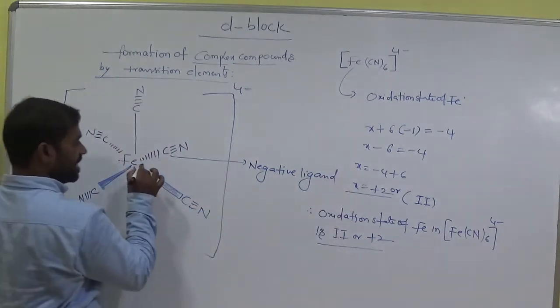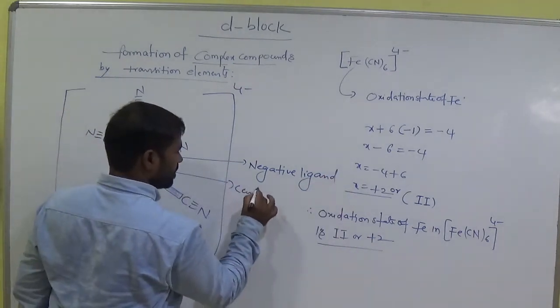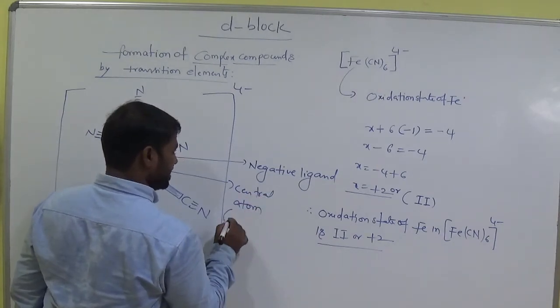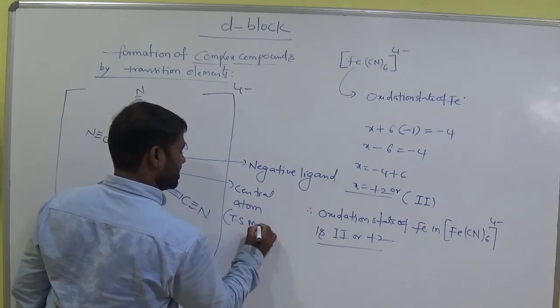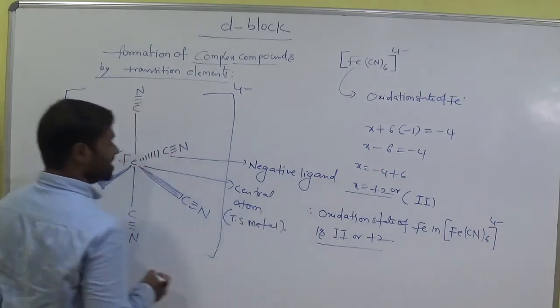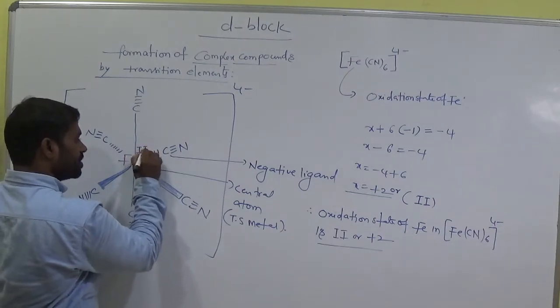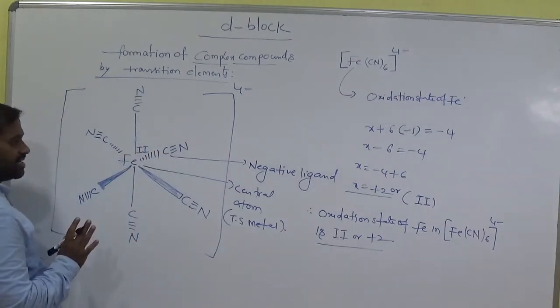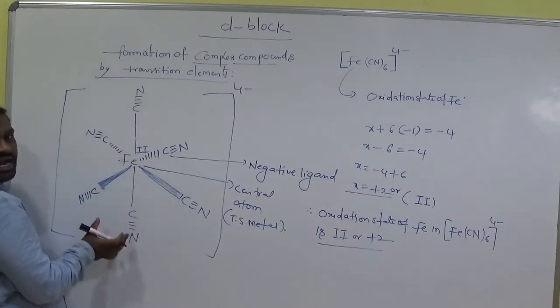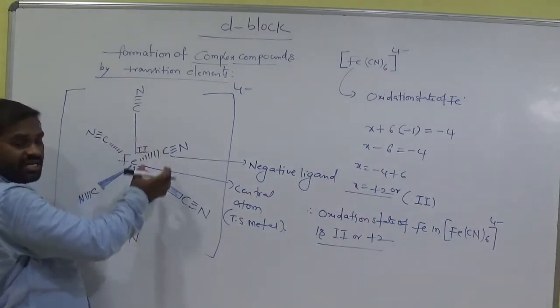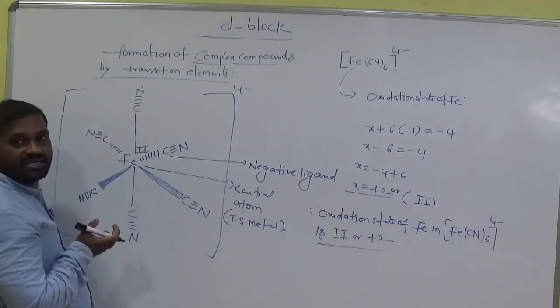So now what about iron here? Central atom, and it is a transition metal, am I right? What is the oxidation state of this central atom here? Plus 2. Clear? So these 6 are surrounded around the iron here.